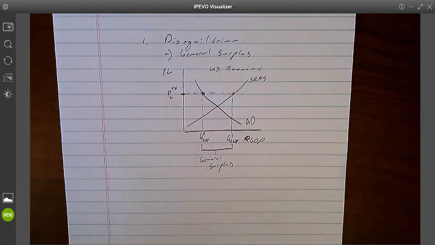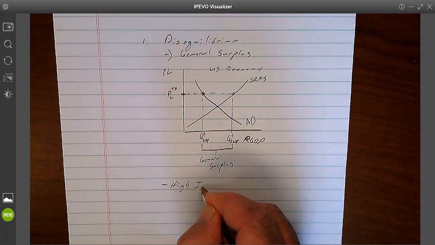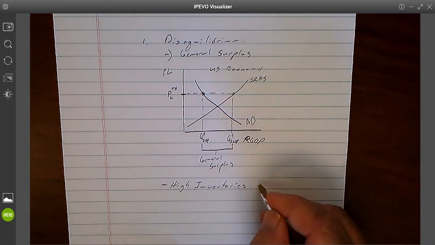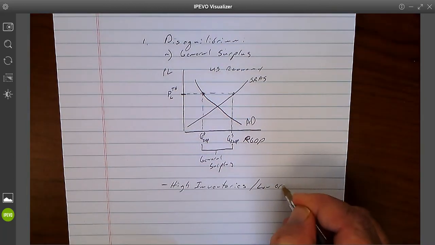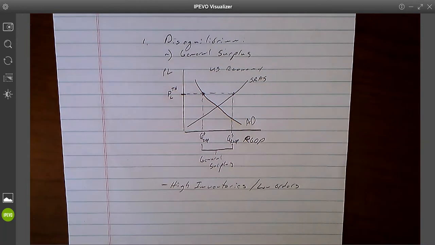And what are we going to see with this general surplus? High inventories. Low orders. And I don't know if any of you have ever taken inventory at a retail store or a place of business, but owners of businesses don't like excessive inventories.